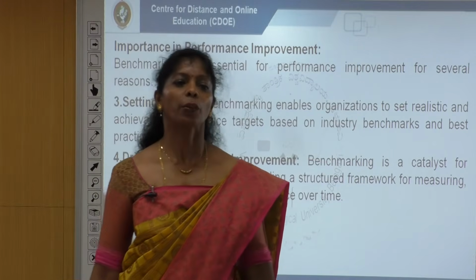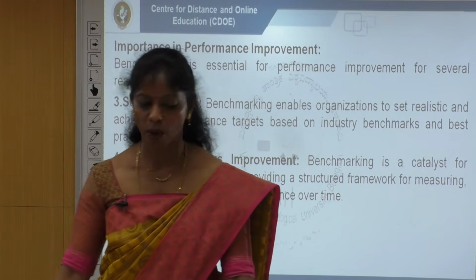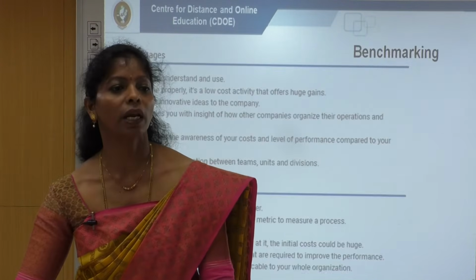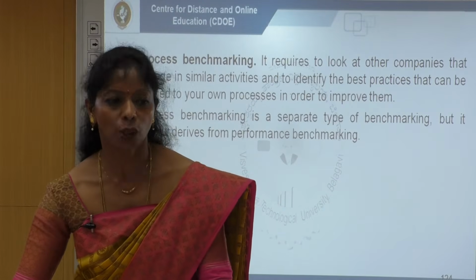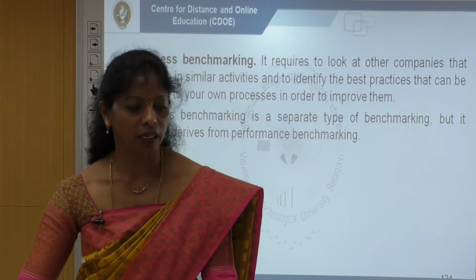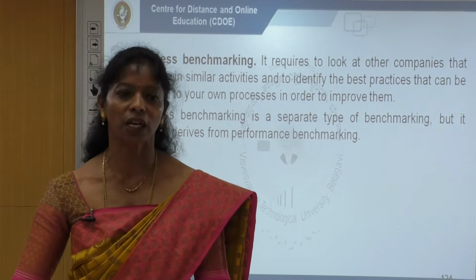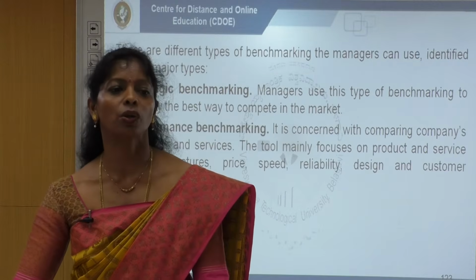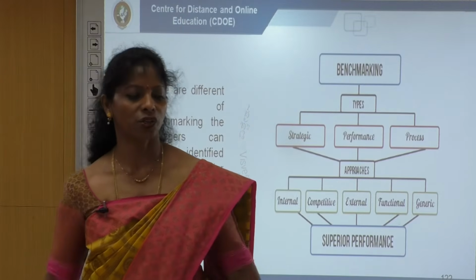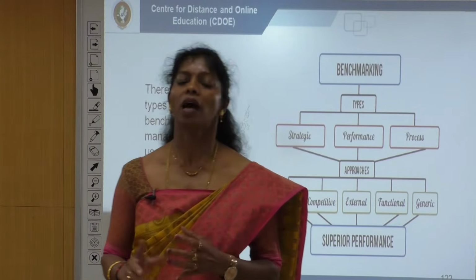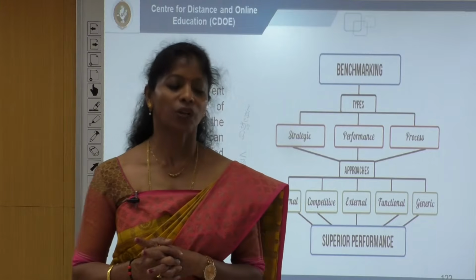So, finally, we can see that benchmarking helps not only in achieving the set targets, but also in learning from industry leaders. Benchmarking also involves two main strategies. One is setting targets and the other is learning from industry leaders.